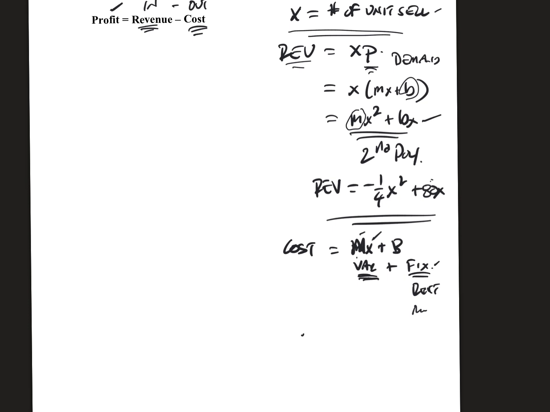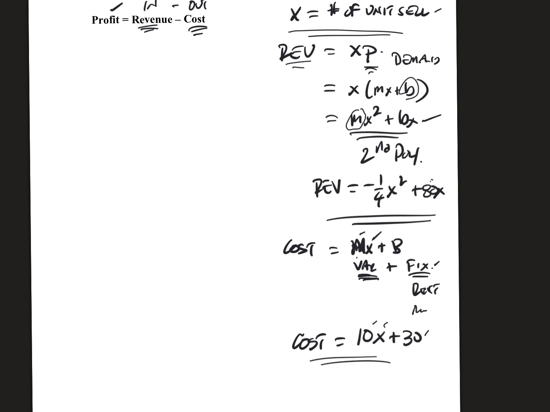So for all practical purposes, let's invent a function here. Let's say our cost is 10x plus 30. My fixed cost is $30, and it costs me $10 to create every single unit. So now I have my two functions.